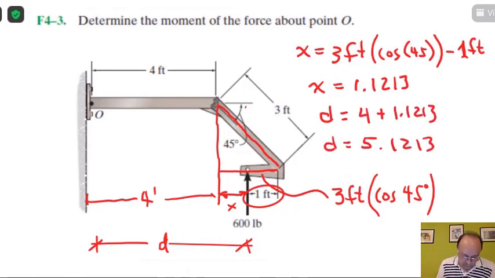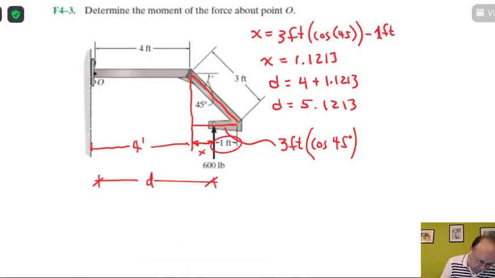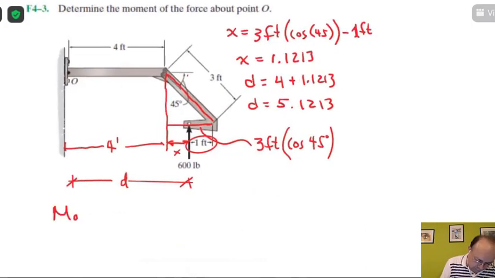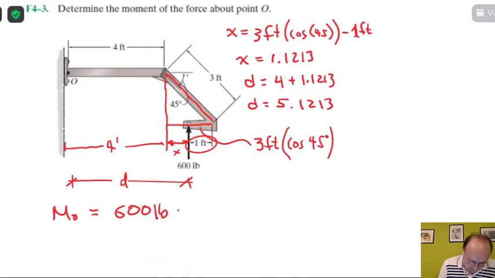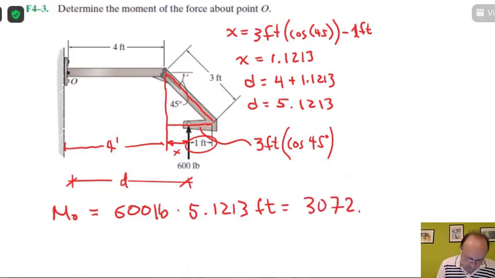Then our moment with respect to O will be 600 pounds times 5.1213 feet equals 3,072.8 pounds feet.